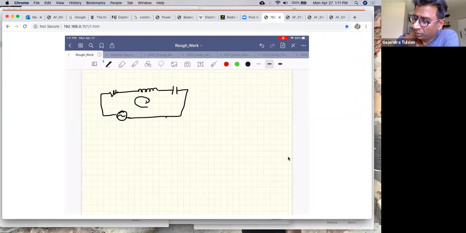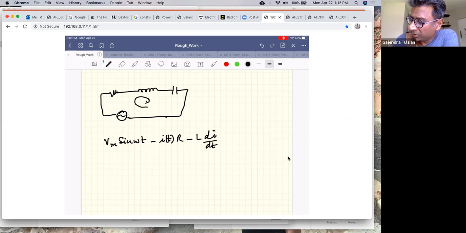Going across the first term, you get V max sine omega t, and then going across the resistor, you get minus I times R. Going across the inductor, L times di by dt.